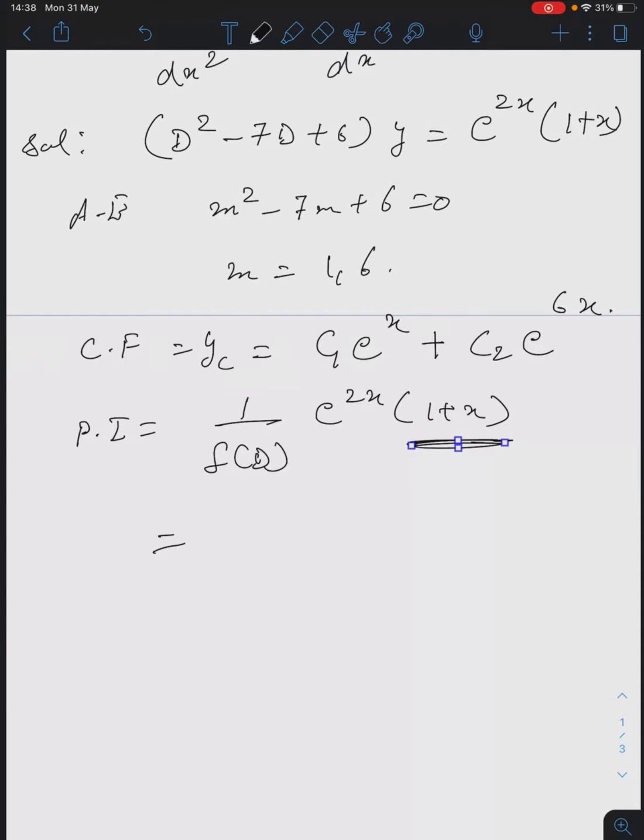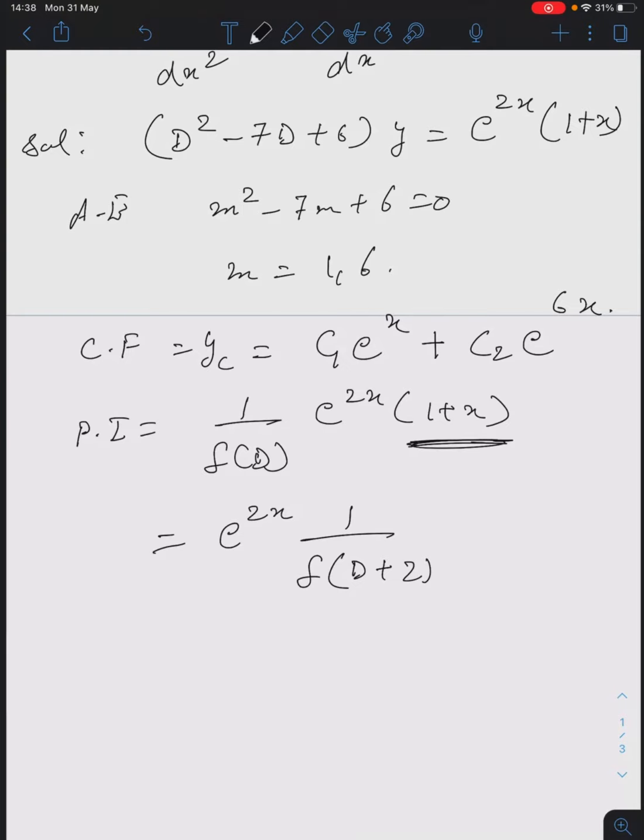So here e to the power 2x times 1 by f of D plus a. What is a here? A is 2. Suppose in multiplication you had e to the power minus 2x, then D has to be replaced with D minus 2.